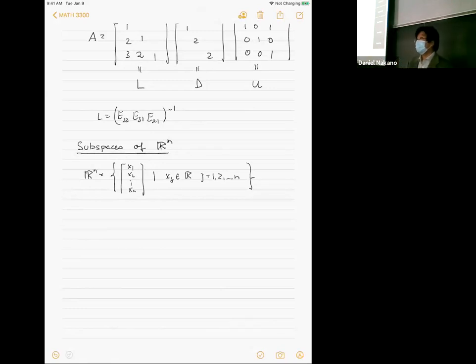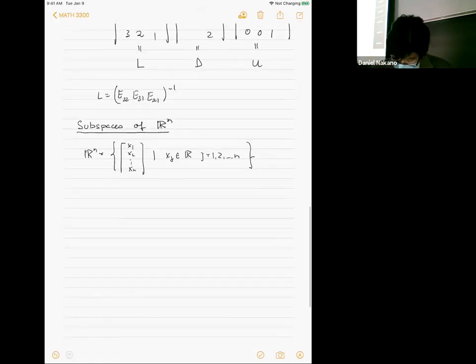And we know that we can add vectors and we can multiply them by scalars. So we have two operations: vector addition and scalar multiplication.